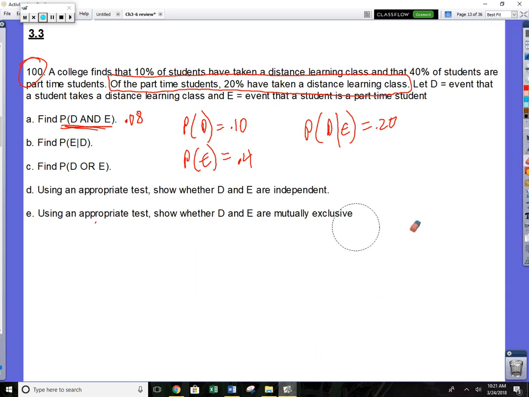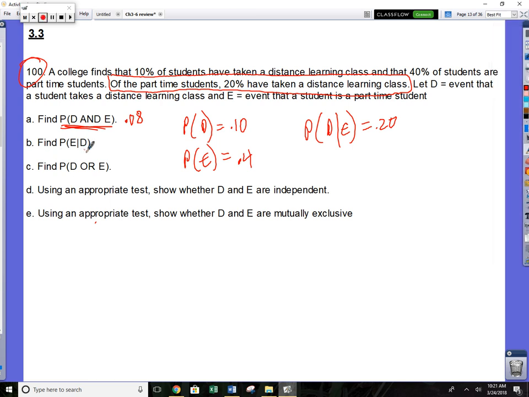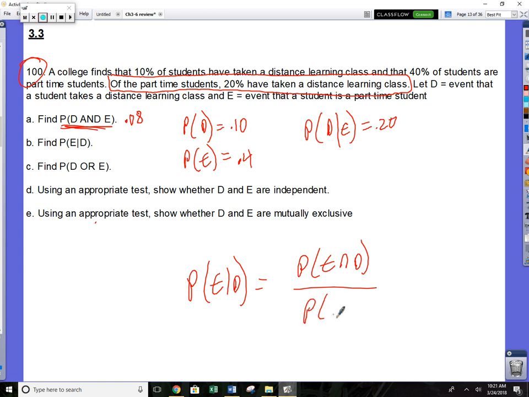Here we go. Okay, let's do B. Find the chances of E given D. The chances of E given D are the chances of the intersection E intersect D divided by the chances of D. I know the intersection is now 0.08, and I know the chances of D are 10%. So 0.08 divided by 0.1 is 80%.